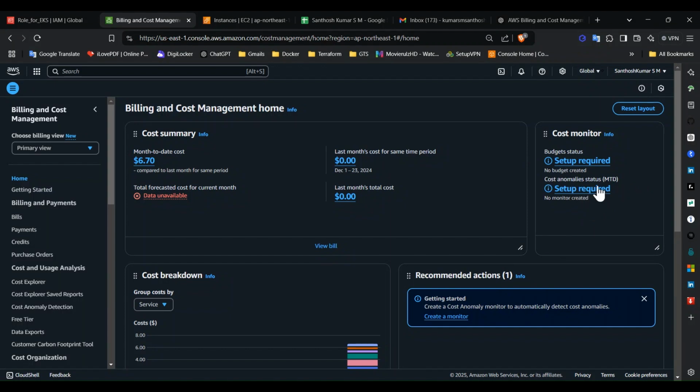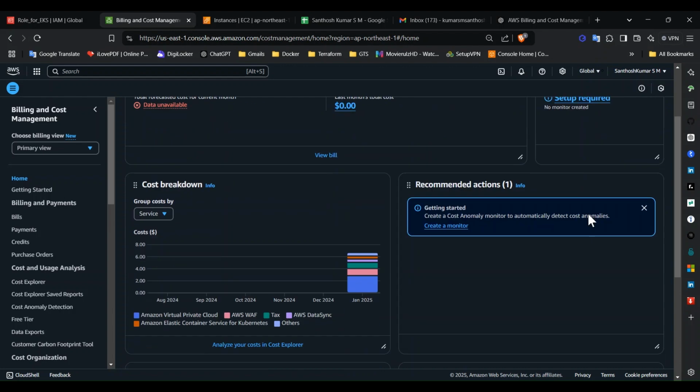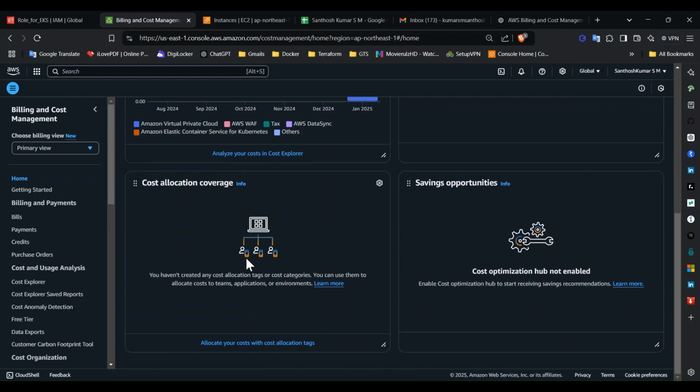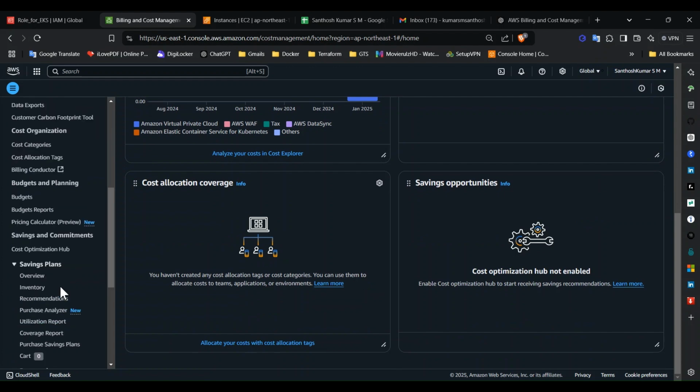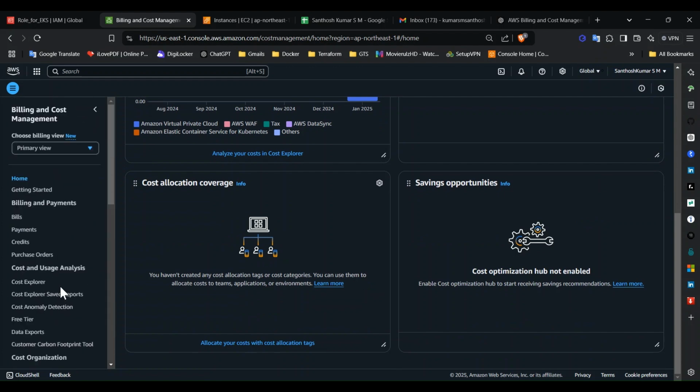It helps you automatically detect unusual spending patterns and quickly identify unexpected charges. You can set up these two things also. Here they provide multiple configurations.